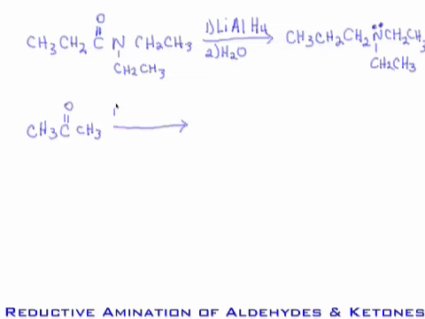So for example, we could take ethylamine and of course we have to react that at pH 4 to 5. So I better extend my arrow.